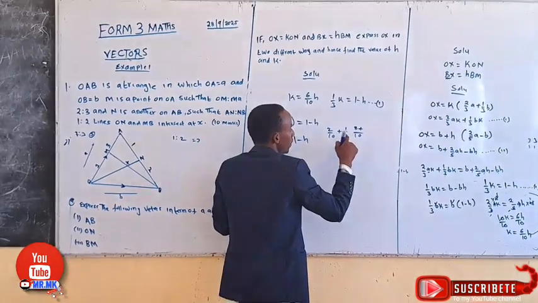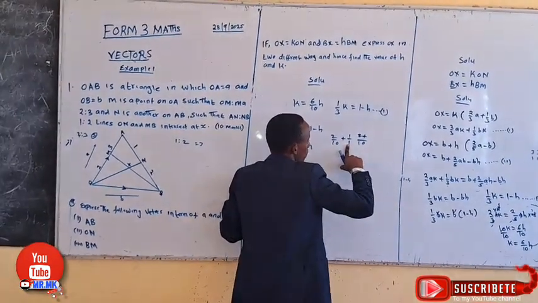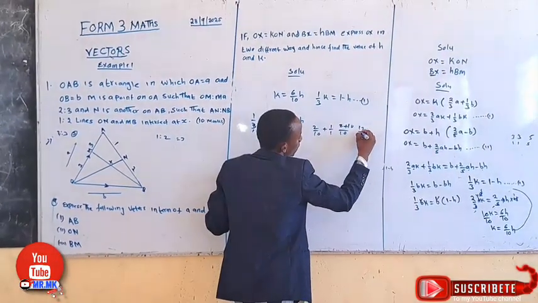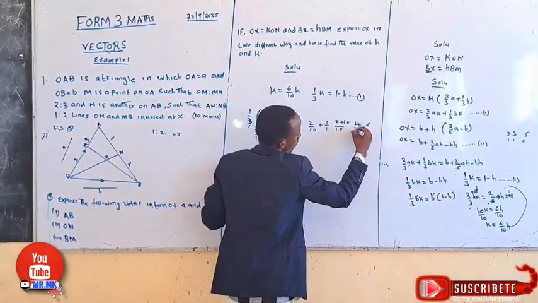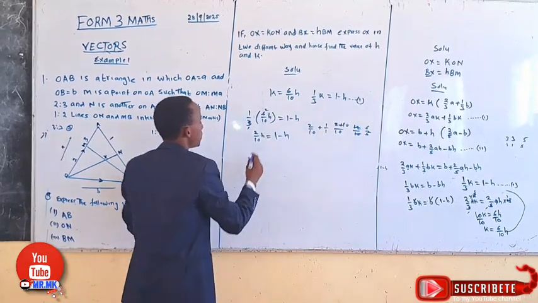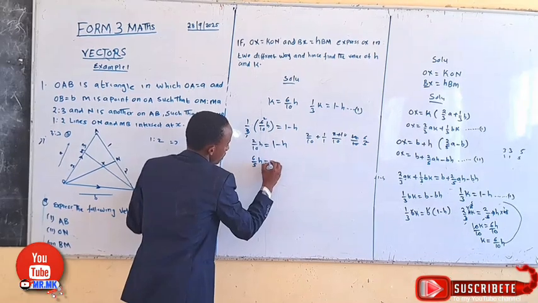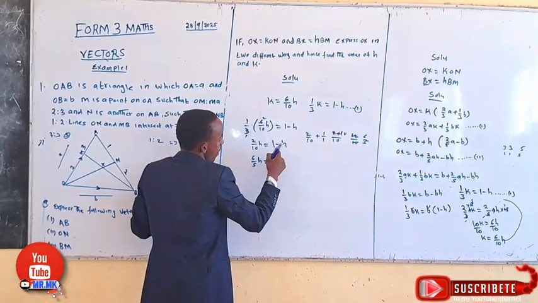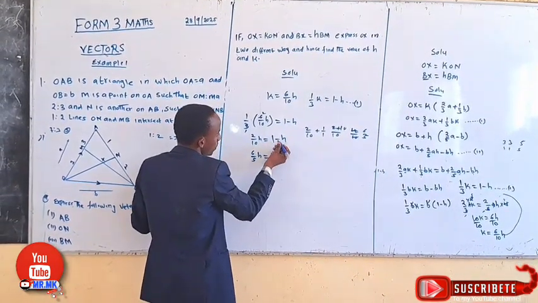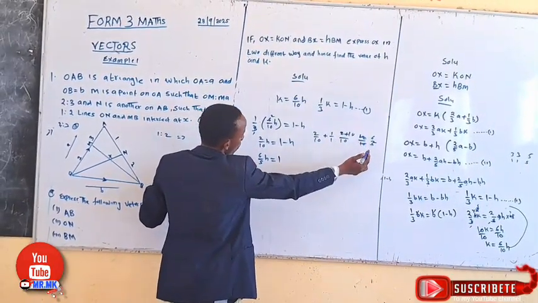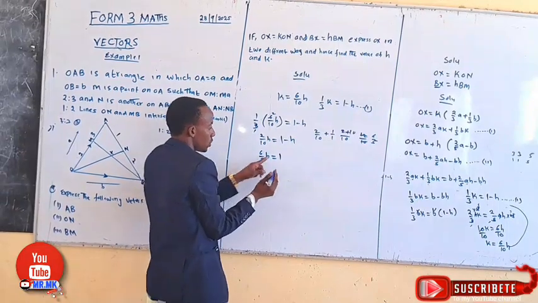Plus 10 divided by 1 is 10, 10 times 1 is 10. It is 12 all over 10. Divide by 2, 6 over 5. 6 over 5 h is equal to 1.